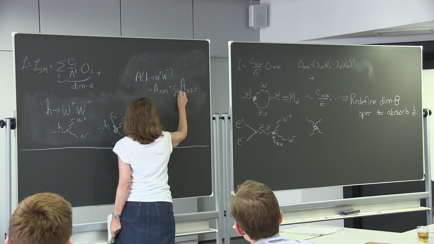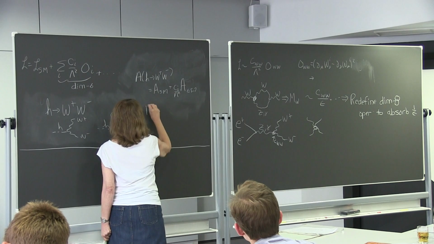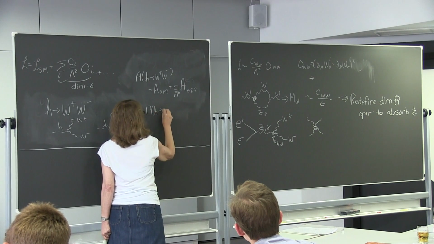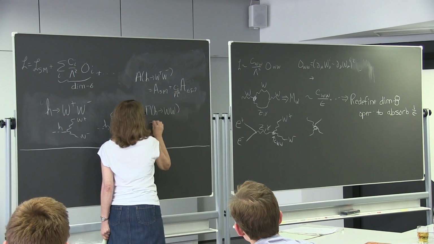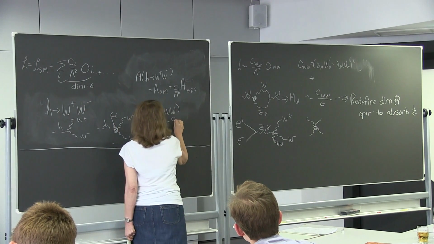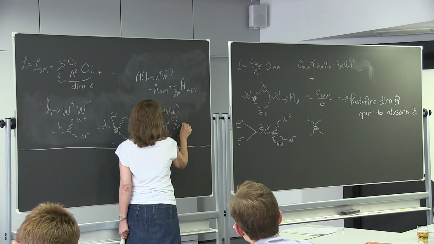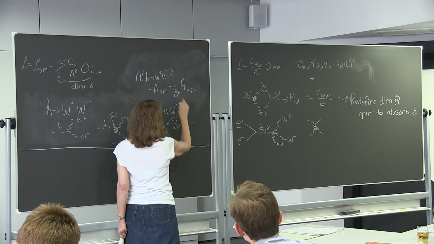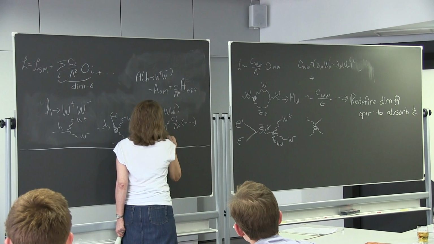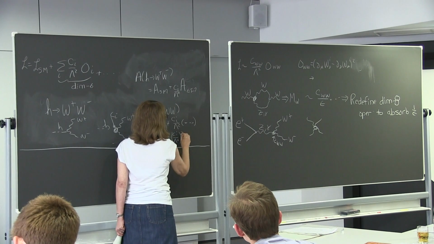All right. So then I square this thing, CI over lambda squared. I square this thing to get the decay rate. Gamma h goes to WW equals gamma standard model plus CI over lambda squared times something new from the interference plus CI over lambda squared from this term squared.